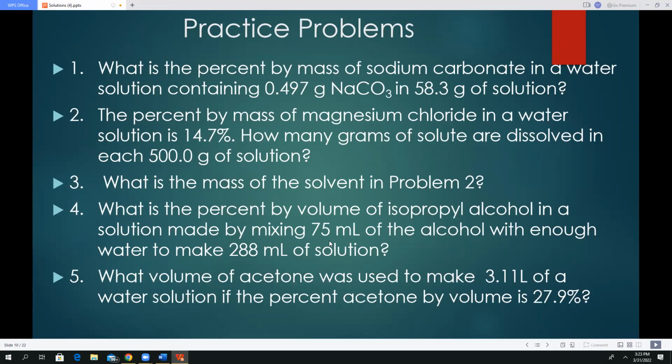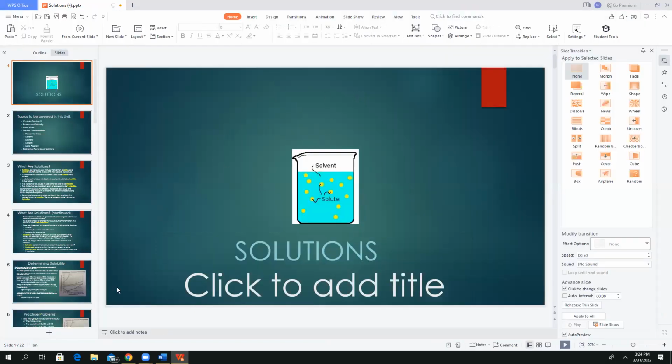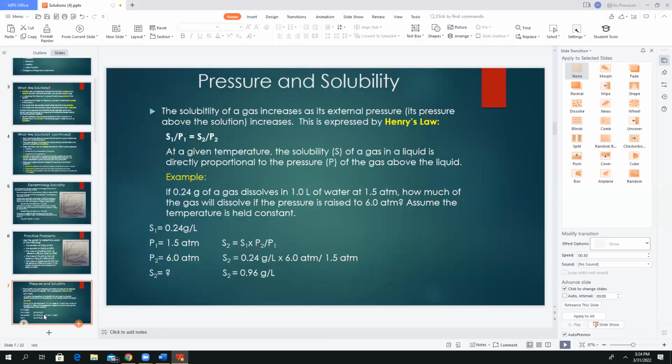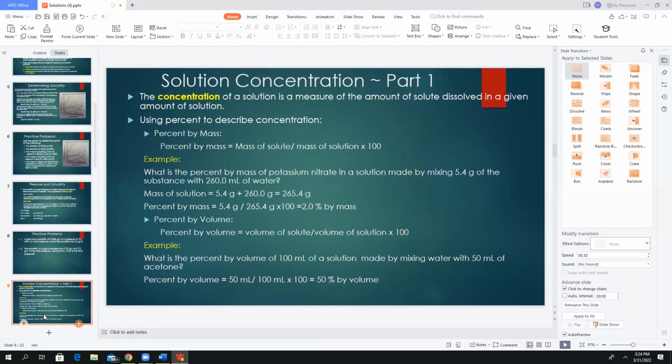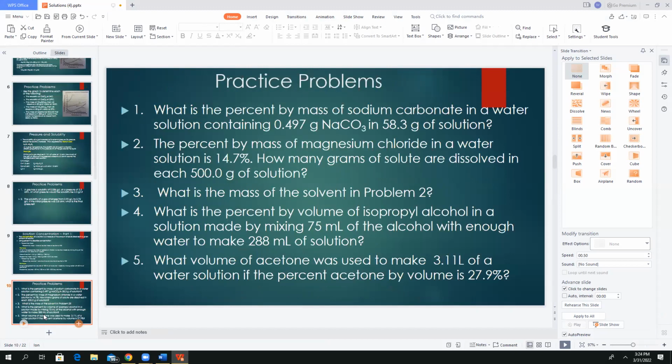Sodium carbonate. Okay, this is miswritten because sodium is 1 and carbonate is 2, so that should be Na2CO3. I don't know if it matters right now, but it should be Na2CO3. Just so you know, I just noticed it. I have a typo on there. I like to have them fixed because if you need it, you don't want to start with the wrong numbers.